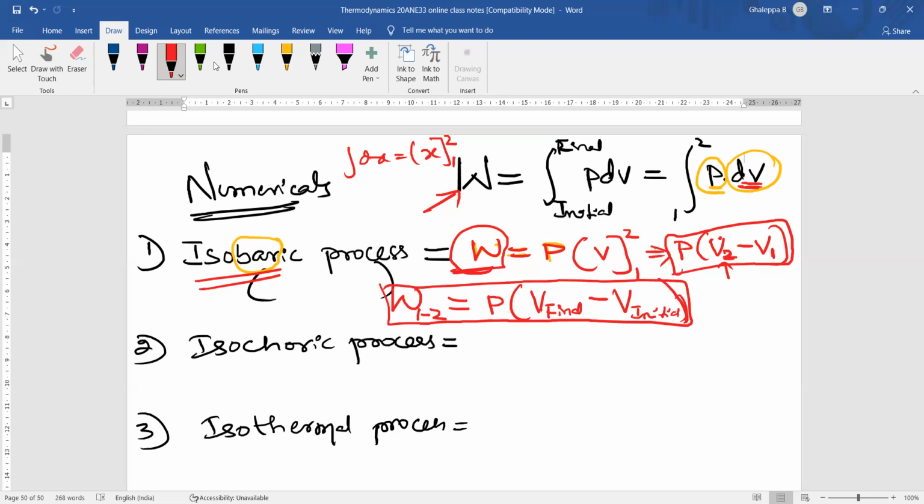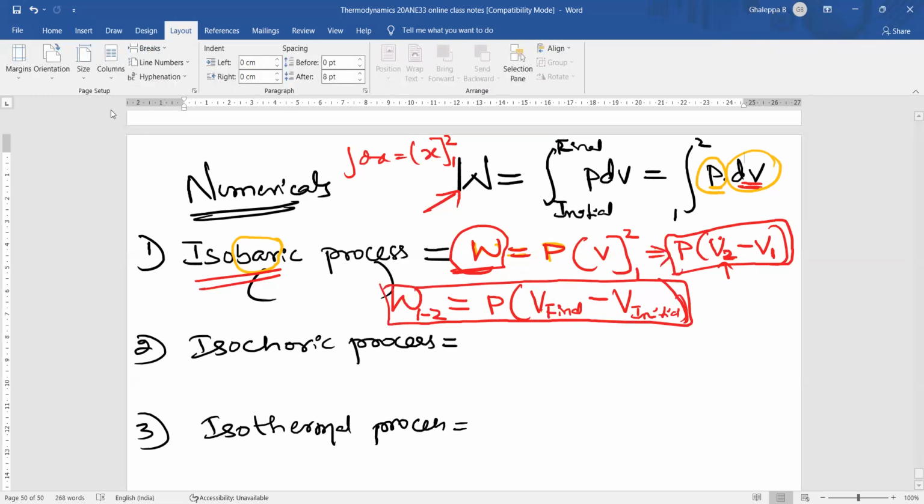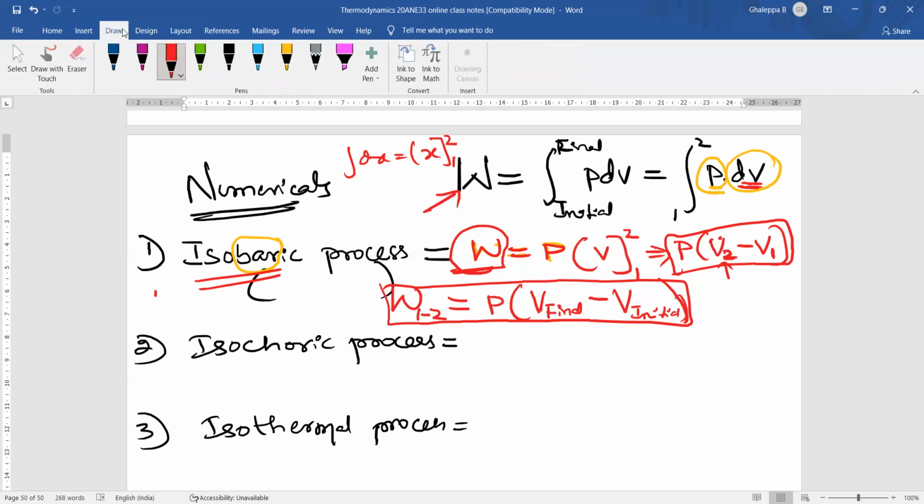Could you tell me the work done expression for process 3 to 4? Assume that the initial point is 3 and the final point is 4. This is in general. You tell me how to write the formula for 3 to 4. V4 minus V3, multiplied by what? Pressure. Always do not think that it is always 1 to 2.